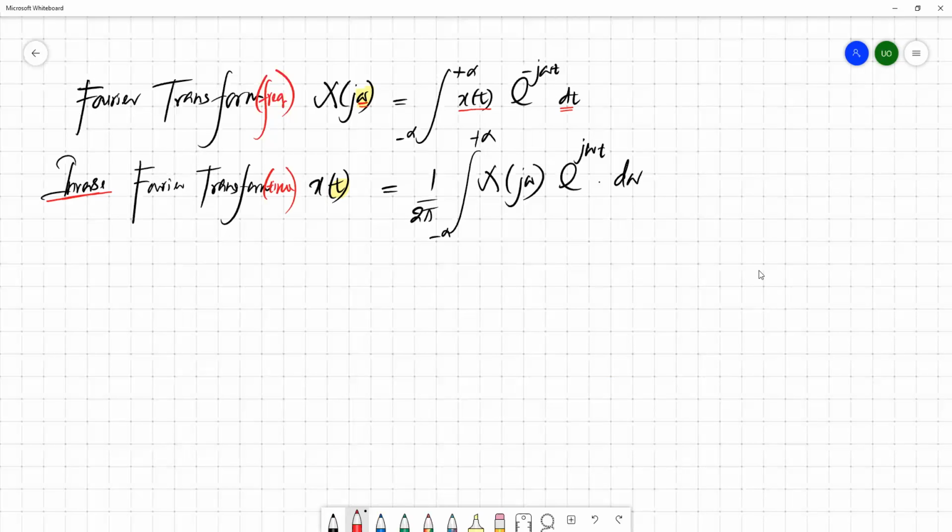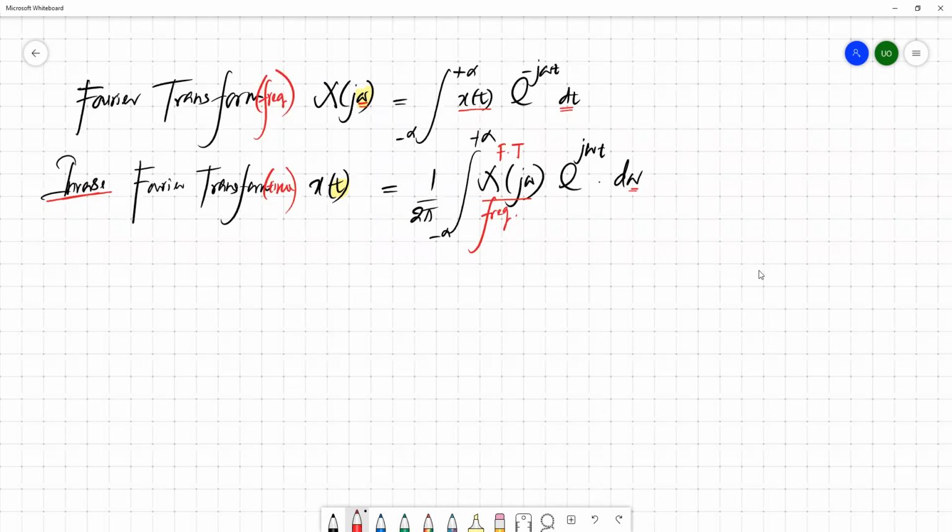So this is x(t). It's 1 over 2 pi, the integral from minus infinity. Here you have to put the frequency domain function. To obtain a frequency domain function, you have to integrate a time domain quantity. To obtain a time domain quantity, you have to integrate a frequency domain quantity. So we put the Fourier transform and multiply by e to the power j omega t, and to obtain the expression in t, you integrate with respect to omega.